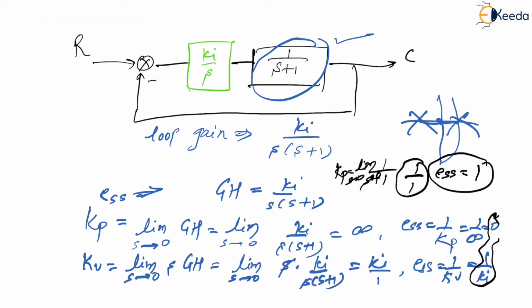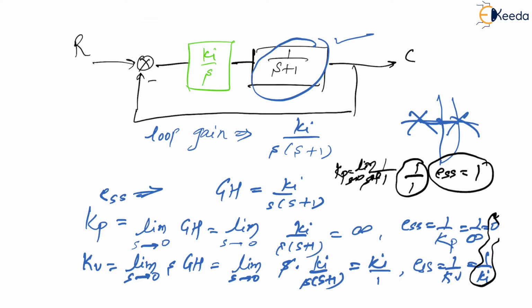So we have seen that error has been reduced 100%. So the advantage is that error is reduced, but the disadvantage is that it is trying to make a stable system unstable, or rather marginally stable, right?